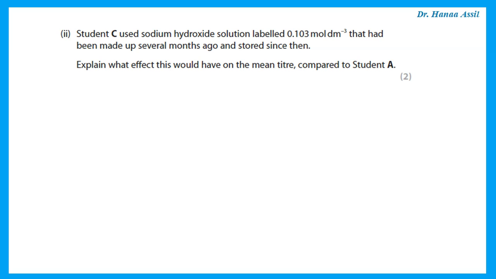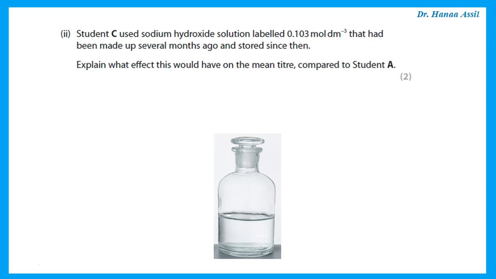Student C used sodium hydroxide solution that was labeled 0.103 mole per decimeter cubed, but that had been made several months ago and stored since then. So someone made up this sodium hydroxide solution and left it for several months, and then student C came and used it for the titration.